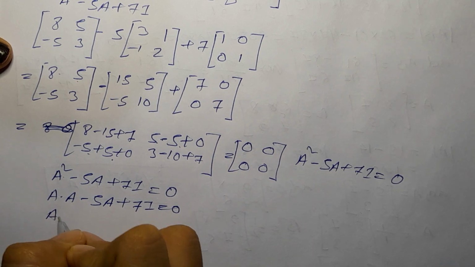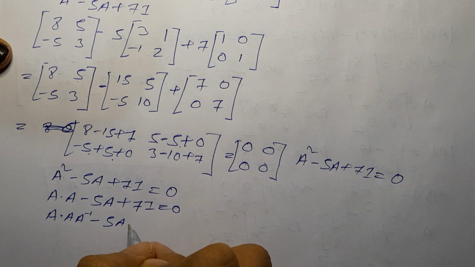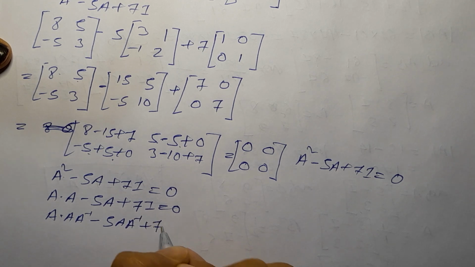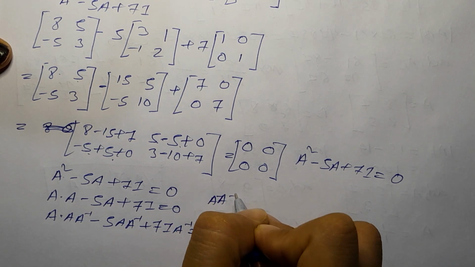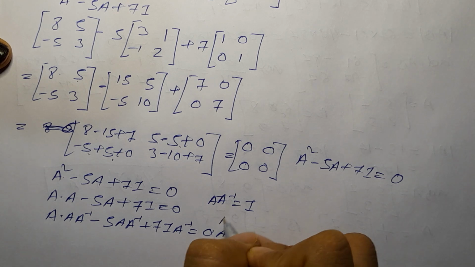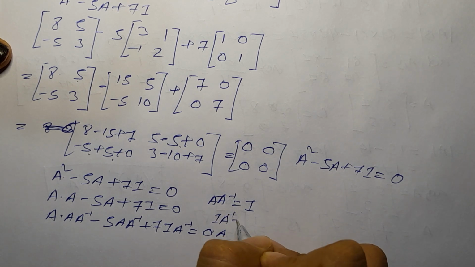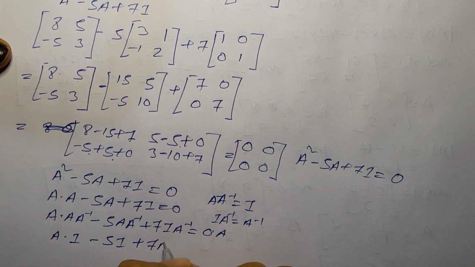So it will be A A inverse minus 5A A inverse plus 7I A inverse equal to 0 times A inverse. A into A inverse will give I, and I into A inverse will give A inverse. So now this will become A into I, minus 5I plus 7 A inverse equal to 0, since multiplying 0 gives 0.